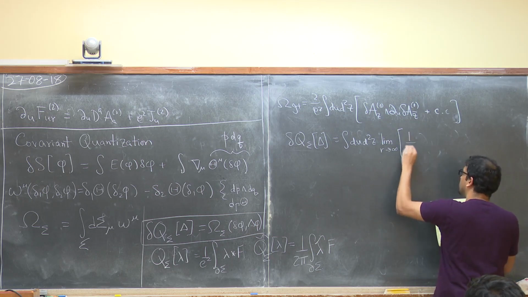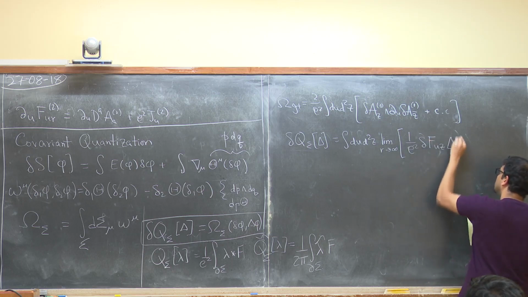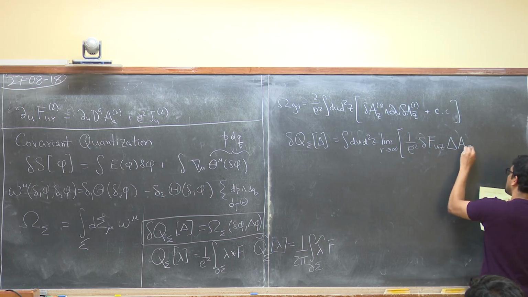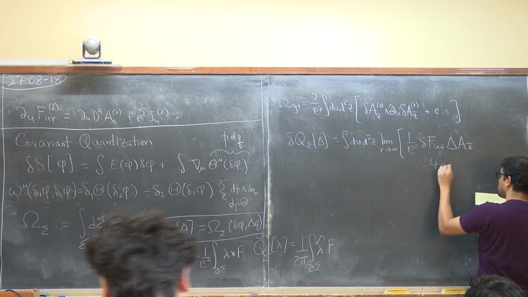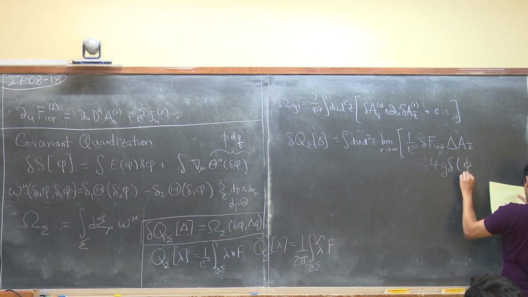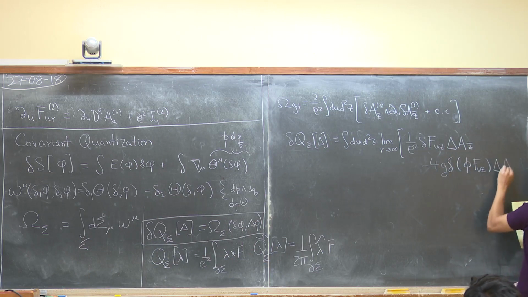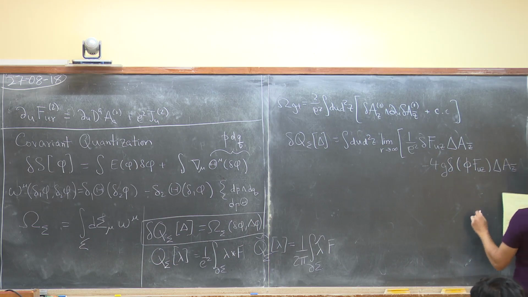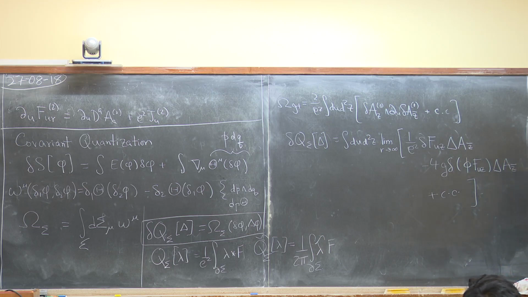So this just looks like 1 over u squared delta f u z. Okay. So this is just what I get.